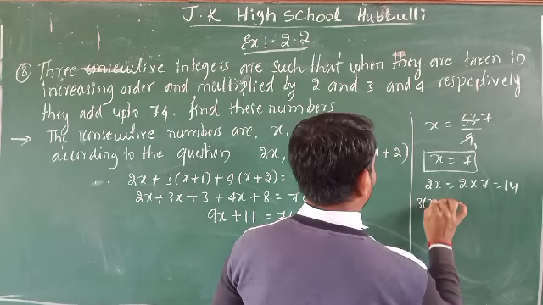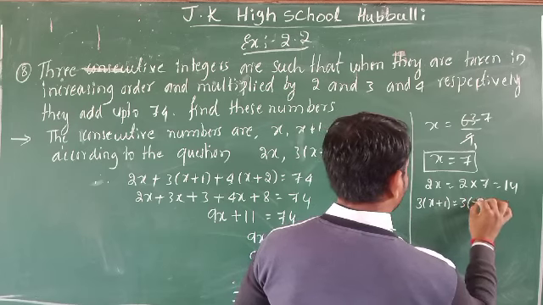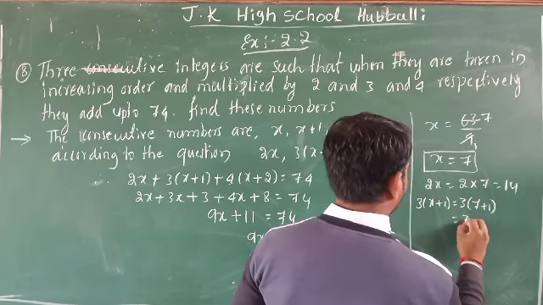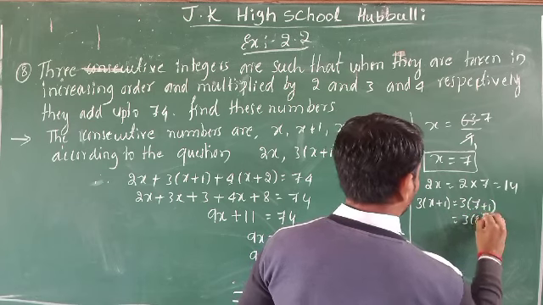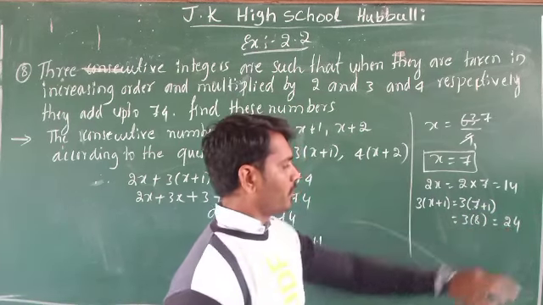Next term, 3 into x plus 1, 3 as it is, 7 plus 1, correct? 3, 7 plus 1 is how much? 8. Multiply these two. 8 3s are 24.